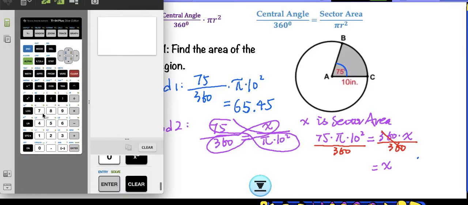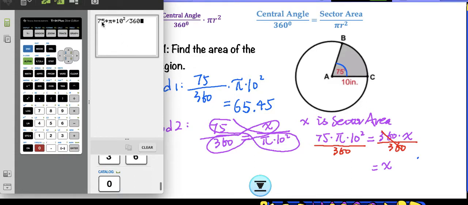It's 75 times, again, please use pi instead of 3.14, because sometimes when you come to the rounding part, you might get a wrong answer, divided by 360. Some students might wonder, do I need to put parentheses on the top? Since in this case we just multiply everything together, the order of operations is not going to be affected. So we just go there.